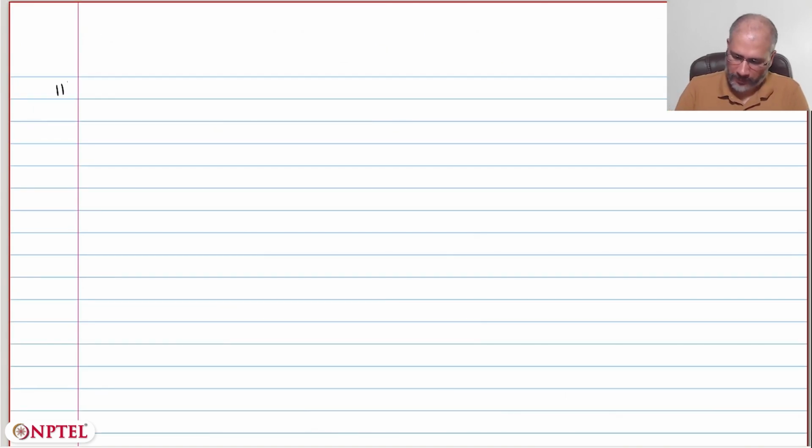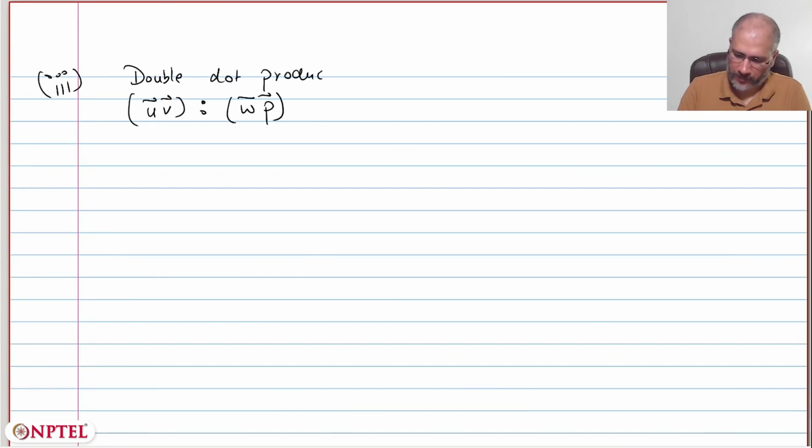Now the third one in the category of dyad-dyad product is the vertical double dot product. So again, this is a definition. We don't have to fight this.